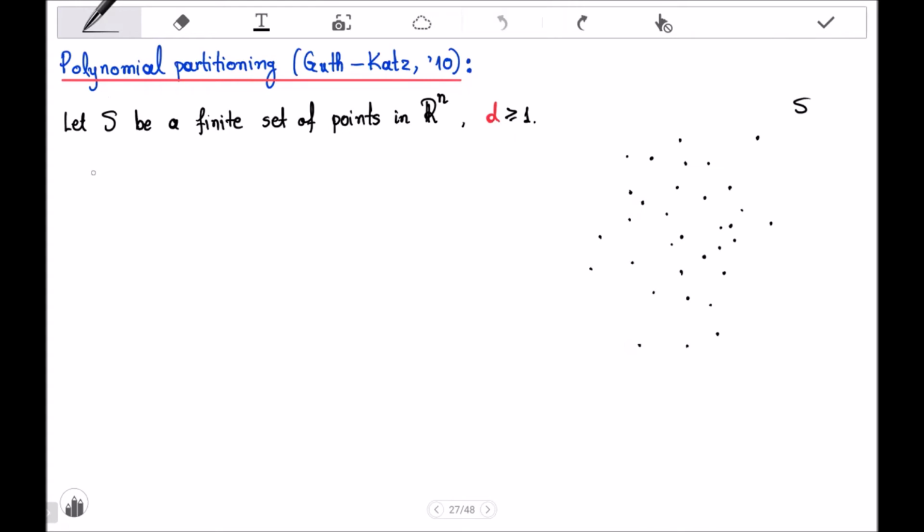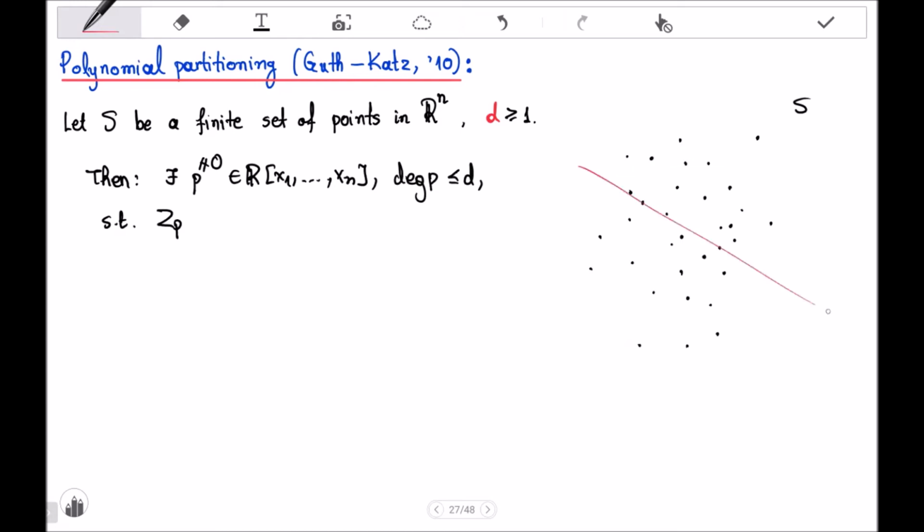Then the polynomial partitioning lemma says that there exists a non-zero polynomial in n variables of degree at most this arbitrary quantity d, such that its zero set Z(P) doesn't necessarily pass through all of our points. No, not like in the vanishing lemma. But it splits our points in sort of equal parts. It chops up our set S in sort of equal parts.